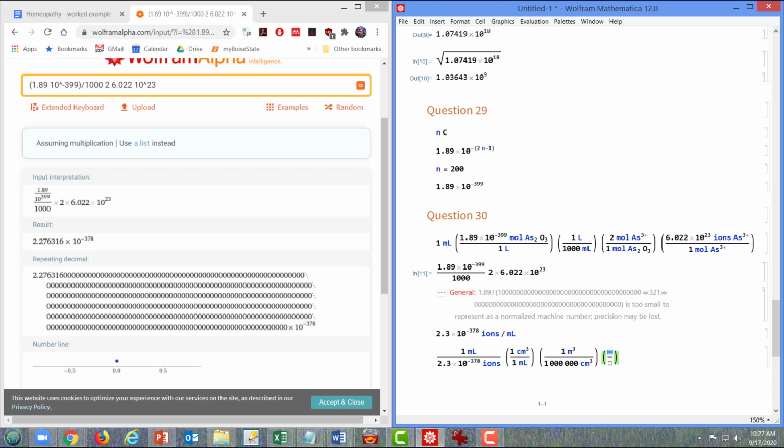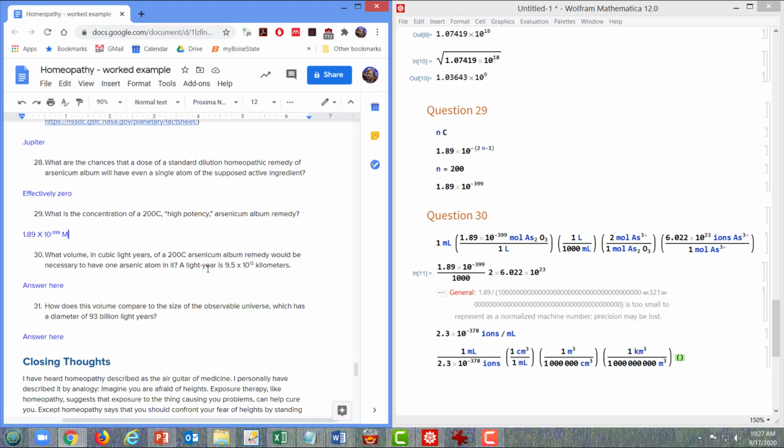We now need to go from 1,000 meters to 1 kilometer, but we want to cube these. So right here. Now we use our conversion that we were given here for kilometers to light years.